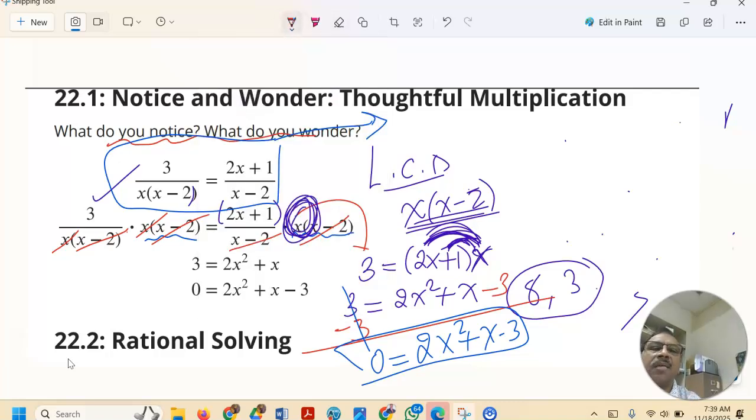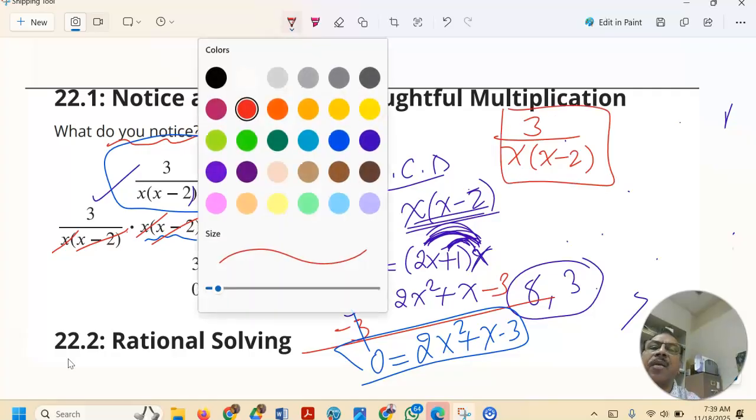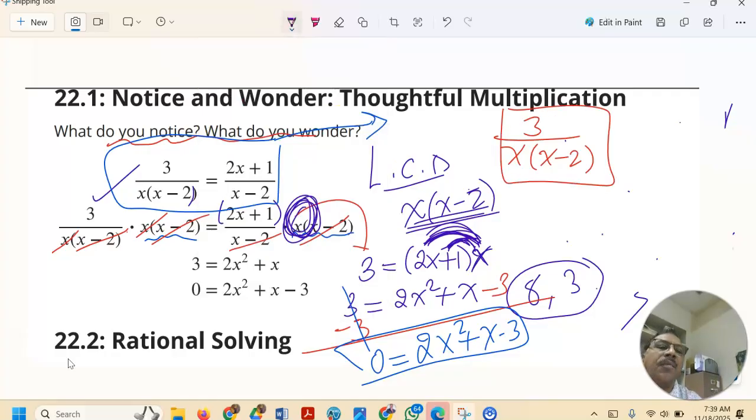In the first case, it is 3 over x times x minus 2. Remember, the left side was this. Just imagine if you had to plug in x equals 0. What do you get? This reduces to 3 divided by 0 times 0 minus 2, and that will be 3 over 0, which is undefined.